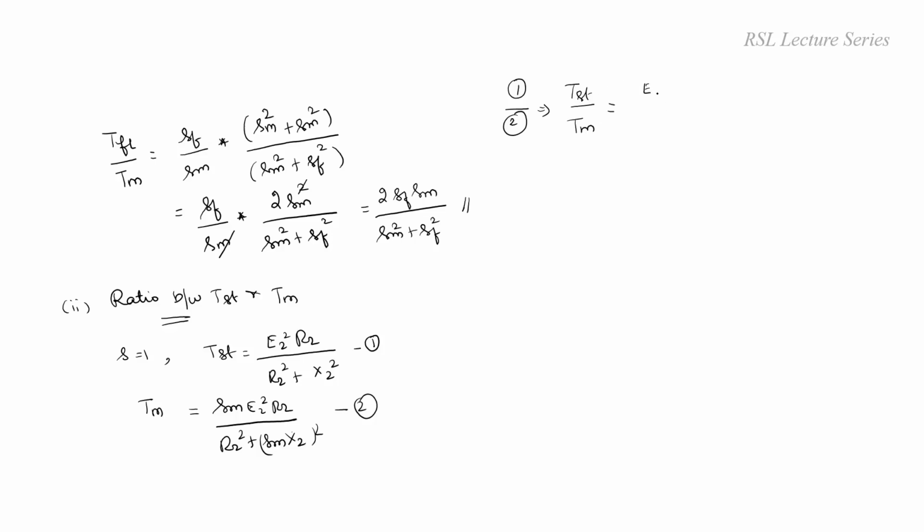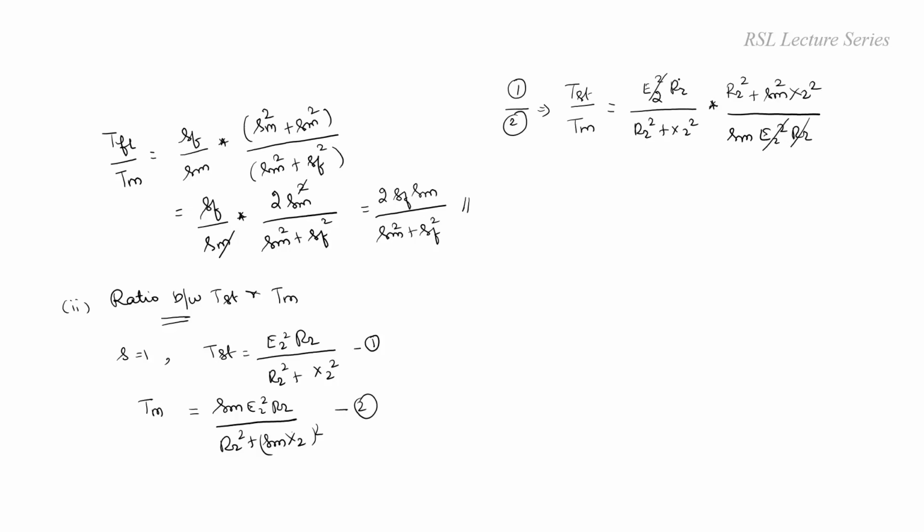The starting torque is given by E2 square into R2 divided by R2 square plus X2 square. For dividing by the maximum torque, we multiply with the reciprocal as we have already discussed: R2 square plus Sm square into X2 square divided by Sm into E2 square into R2.